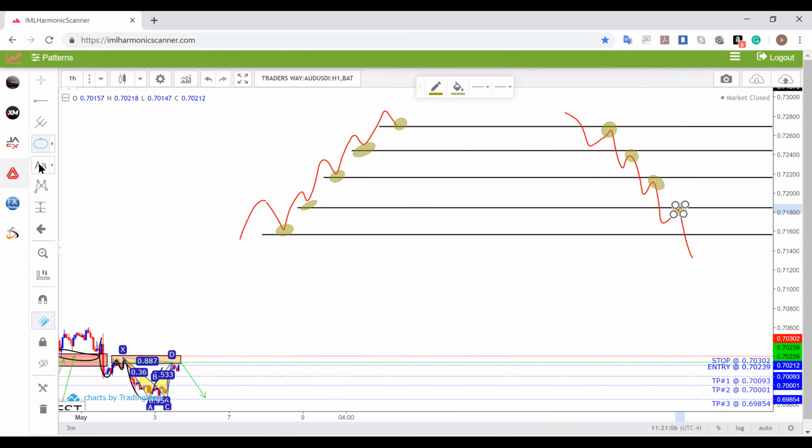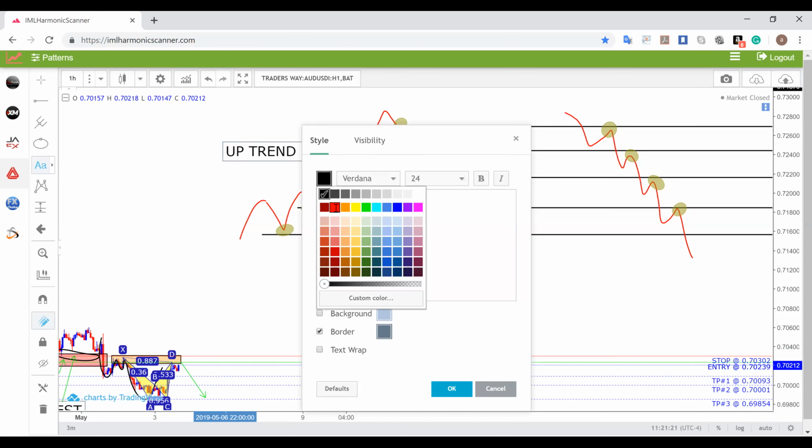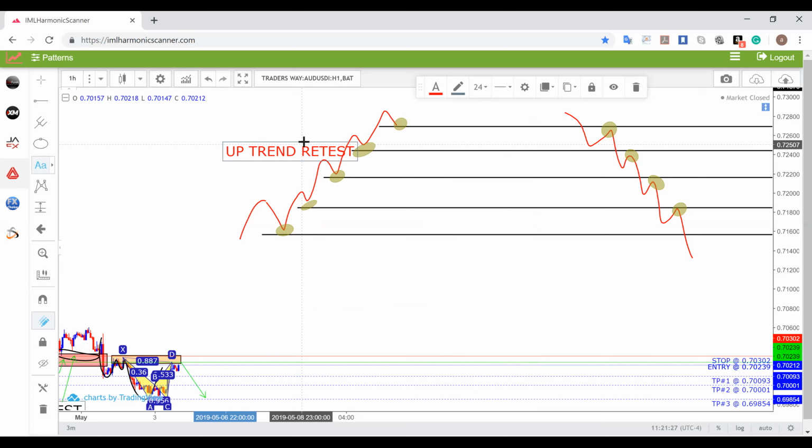Nice. So, uptrend retest. Yeah, I'll leave that as is.